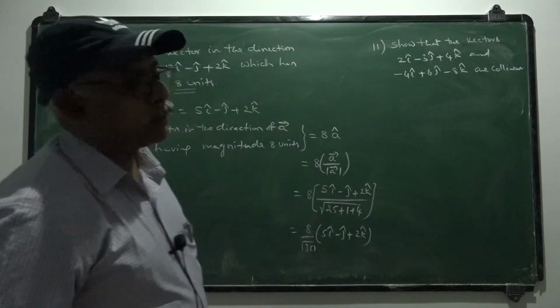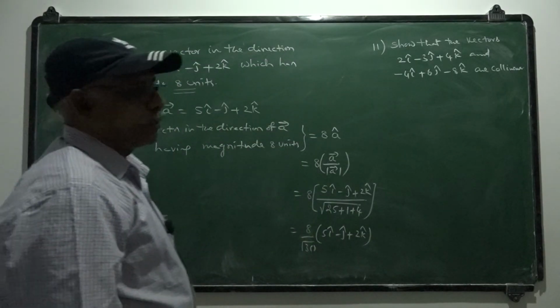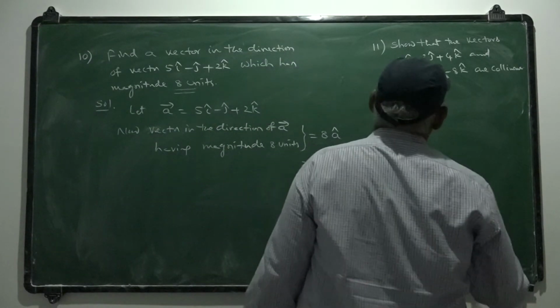The two vectors are collinear. We have to show that the vectors are collinear.